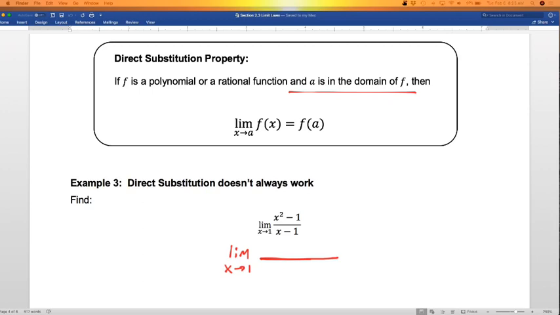What does the numerator factor into? x plus 1, x minus 1. It's a simple difference of perfect squares. And so we'll see our numerator and our denominator have a factor in common that we can cancel out.